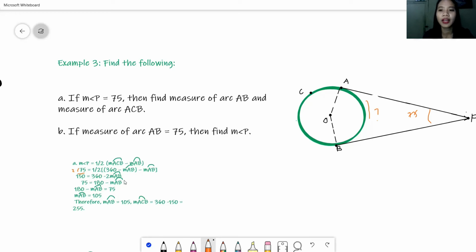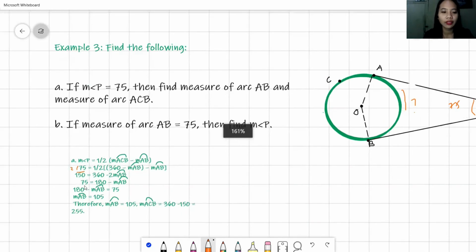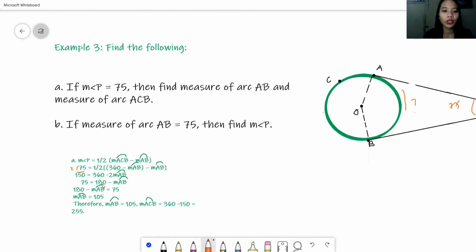So how are we going to find the measurement of arc AB? Let us divide both sides by 2. So 150 divided by 2 is 75, equal to 180, since 360 divided by 2 is 180, minus the measurement of arc AB.